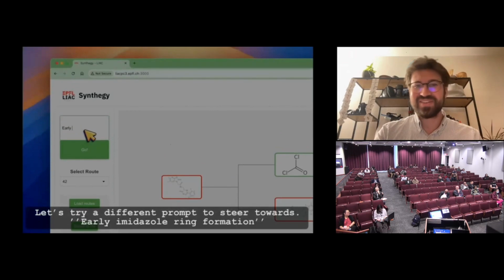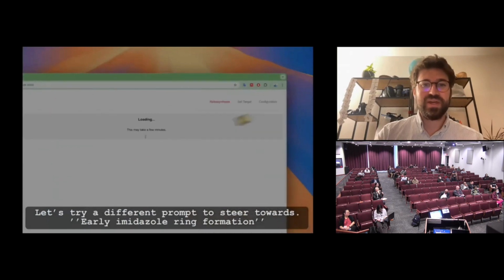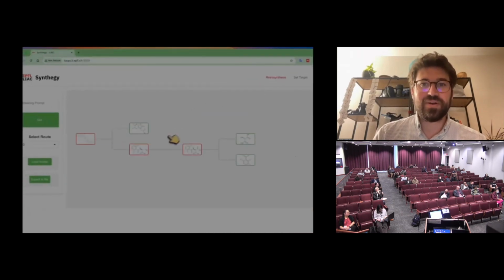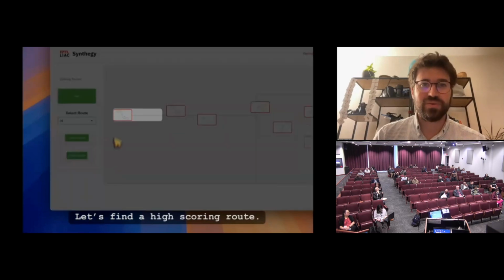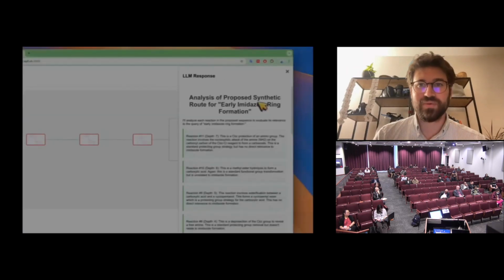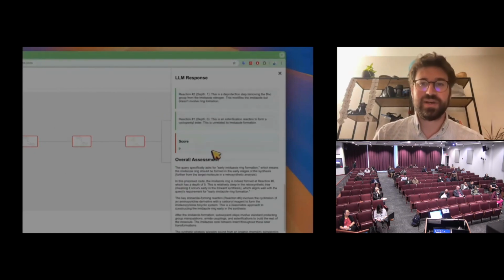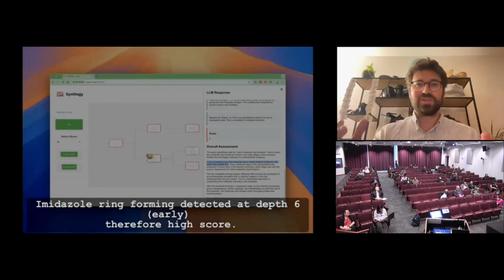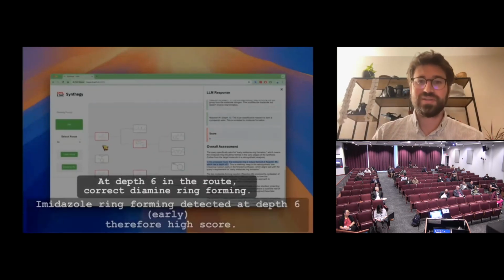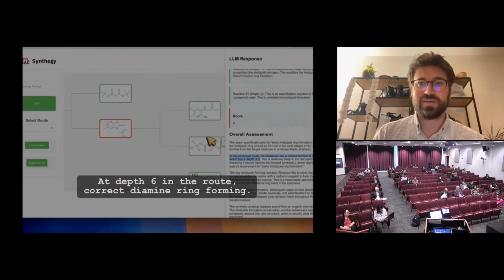This is just the other way around, where we look for an early ring formation and we can find routes that align very well through the LLM, and we could just re-rank them by the LLM score and easily find in all those suggestions what could be nice ideas for the actual route we care about.